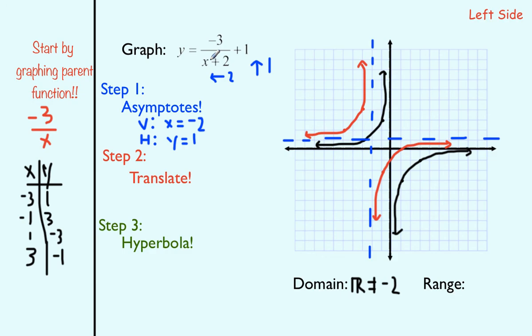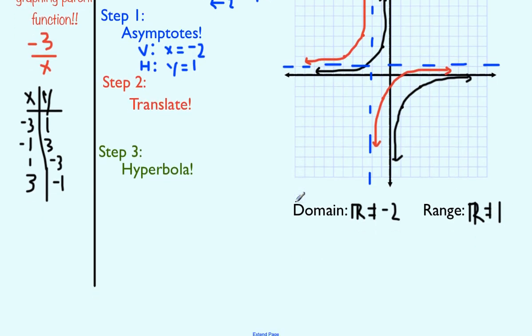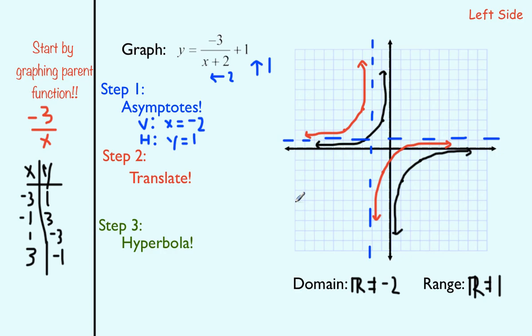And remember, you can't have a 0 in the denominator. It makes it undefined. So that's why our domain excludes x equals -2. And our range is everywhere as long as it's not at 1. Okay, questions about that? If you need to, you can pause. Otherwise, I'm going to go on.